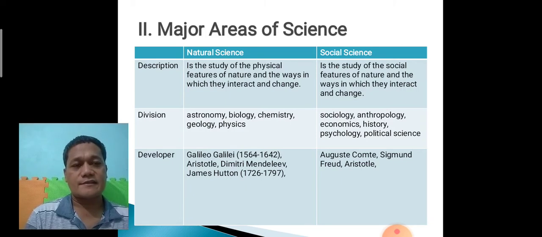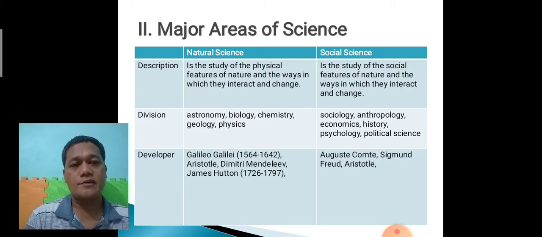And the rest, if you notice, is almost the same. So, social features of nature, we are referring to human behavior and human nature. In natural sciences, it is more of animals, plants, and even non-living things like in geology.